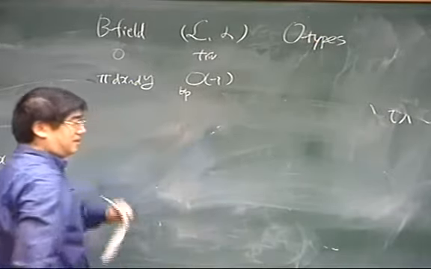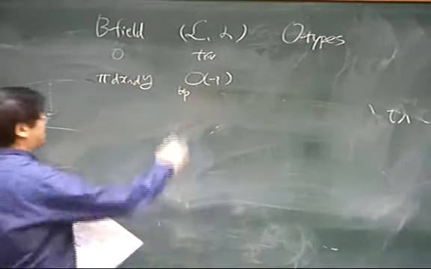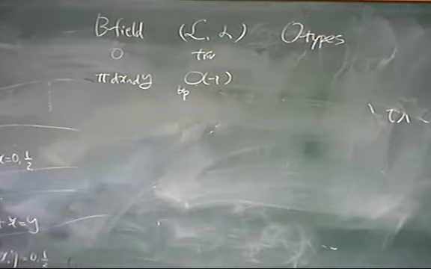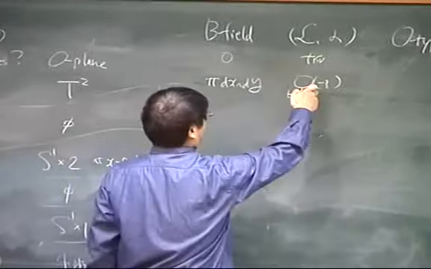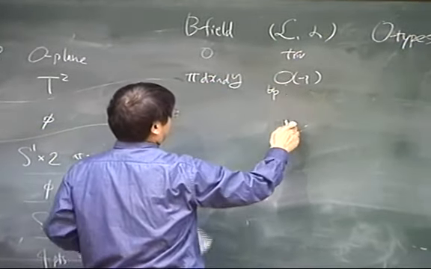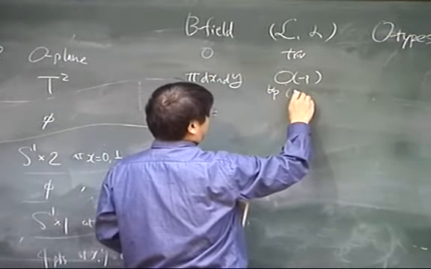P is a point in the torus. I'm choosing holomorphic coordinates, a complex structure, and then writing this in terms of a holomorphic line bundle. But all of these are equivalent.